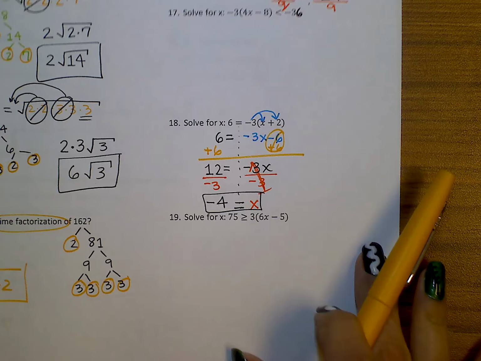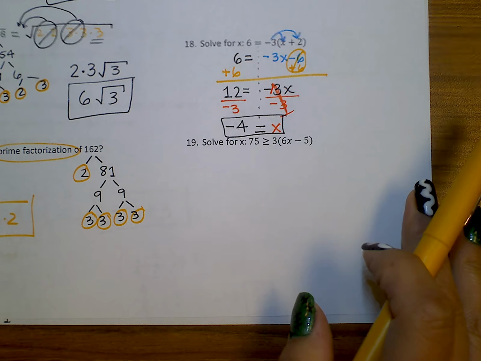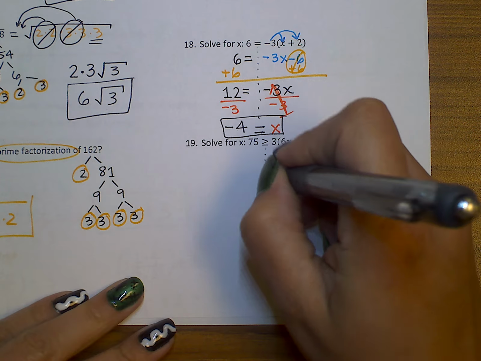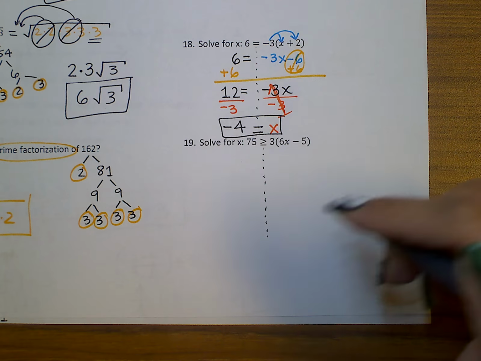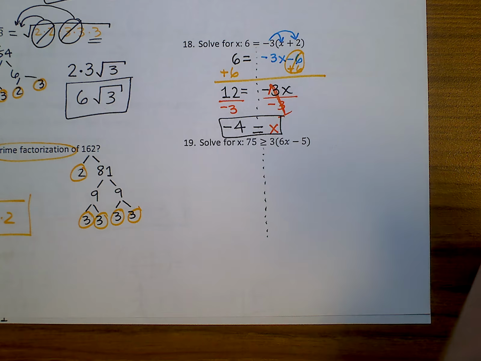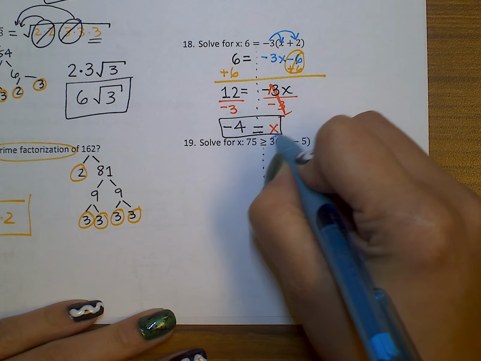So we get to use these exact same steps whenever we are solving inequalities. So I'm going to go ahead and draw my line down here to separate my two sides of the inequality. And as usual, let's distribute.